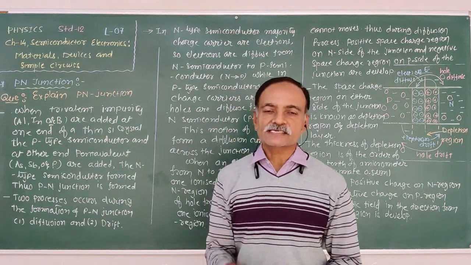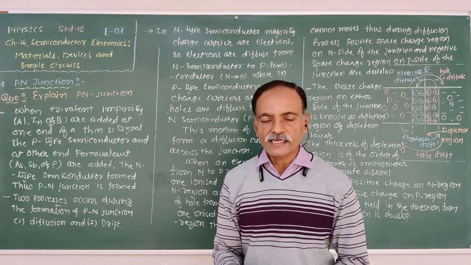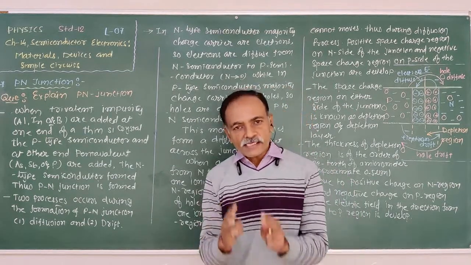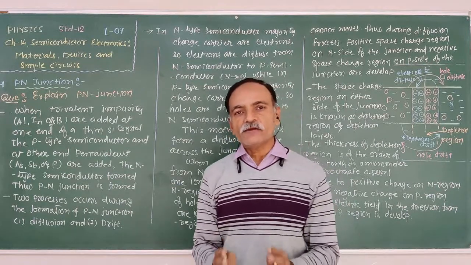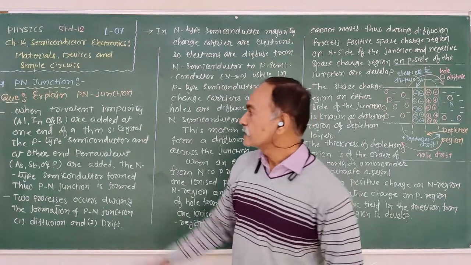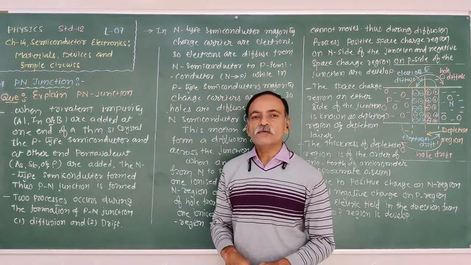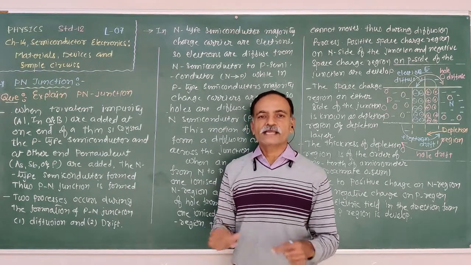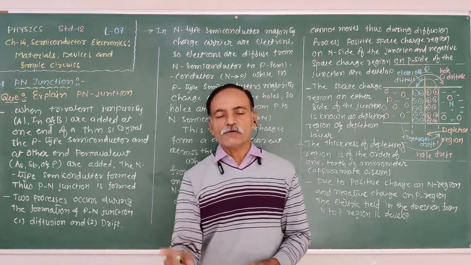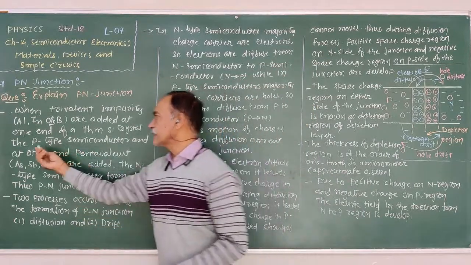Already we discussed how the P-type semiconductor is formed. Again, at one end of a thin silicon crystal, we add the trivalent impurity like aluminum, indium or boron. So this end of the silicon crystal acts as the P-type semiconductor.